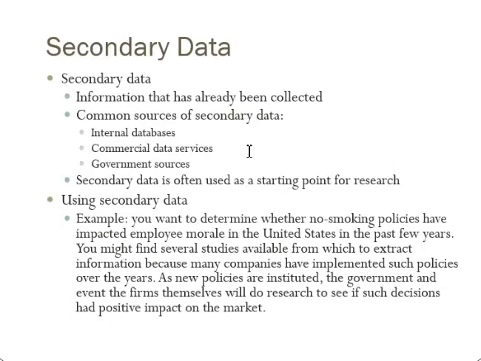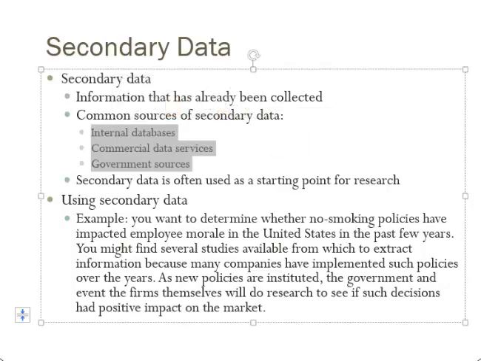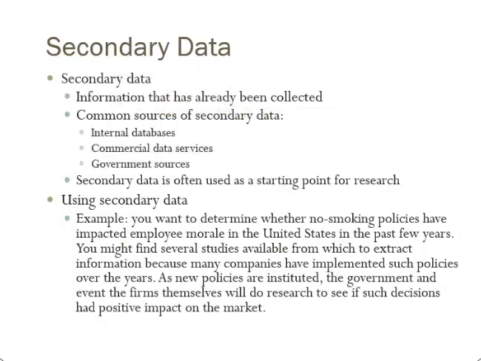Then you have secondary data. Secondary data is data that was collected by others, perhaps for other purposes. Internal databases, commercial data services, government sources, which are very important. If you're looking to produce education, you can look at the statistics from the BLS, the Bureau of Labor Statistics, that will tell you which industries are in demand and to what extent. Secondary data very often is used as a starting point.